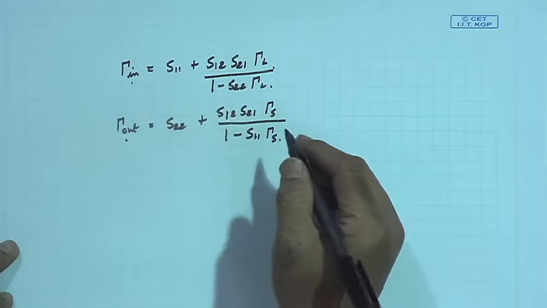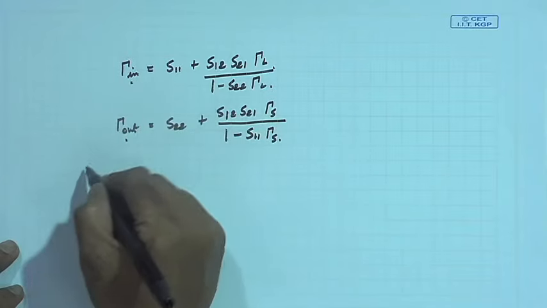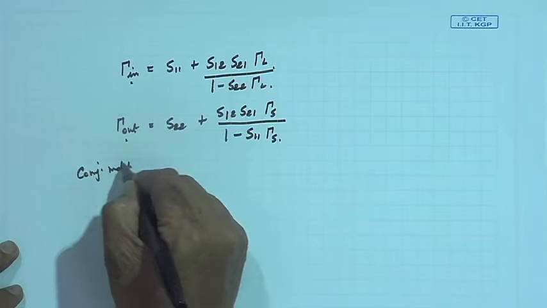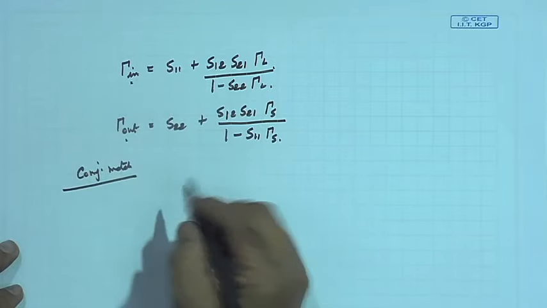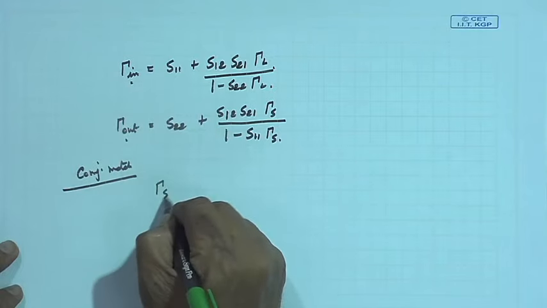Now, this is general. For conjugate matching, I will make the choice that gamma in is gamma S star, and gamma out is gamma L star.